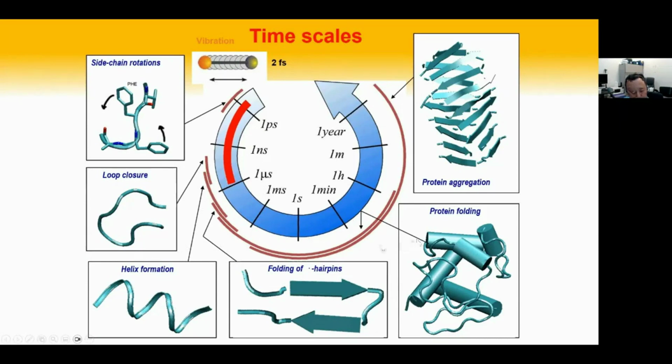And for folding some of the slow folding proteins, you probably need a millisecond. And for forming some of the aggregates, like the amyloid fiber, it probably needs months or years. So time scale is important to see the phenomenon we are interested in. And for that, we need computing power.